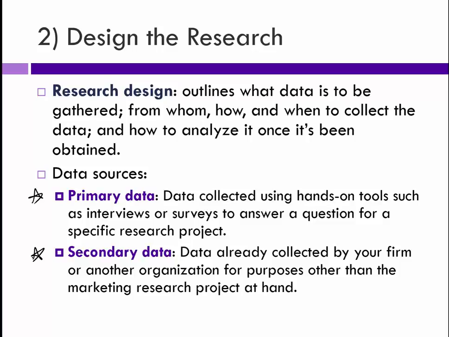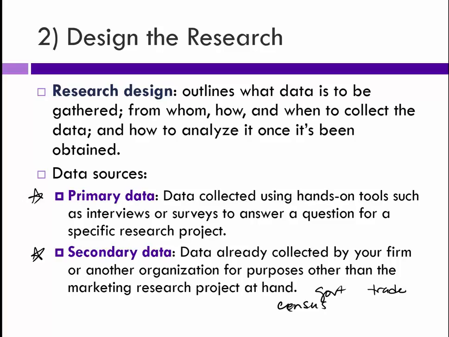Let me start with secondary. Secondary data already exists. It could be government information, it could be trade journals, it could be stuff that you did for another purpose, it could be Census Bureau information.